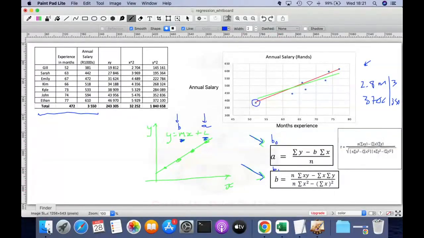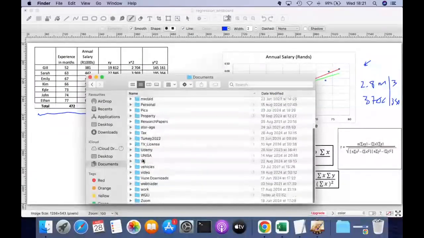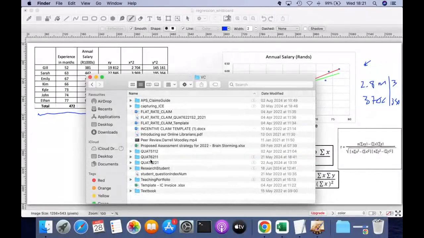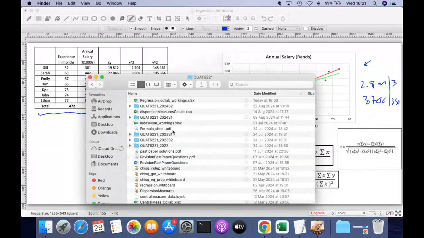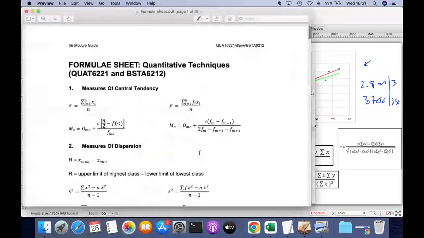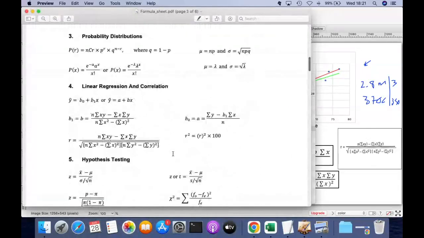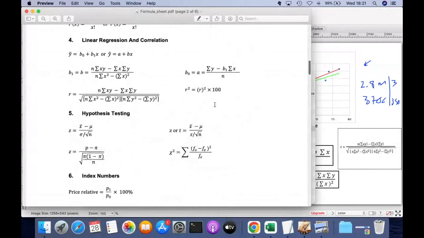Let me just check if I can get a formula sheet from the past. Just give me a second. There we go. Can you see the formula sheet?